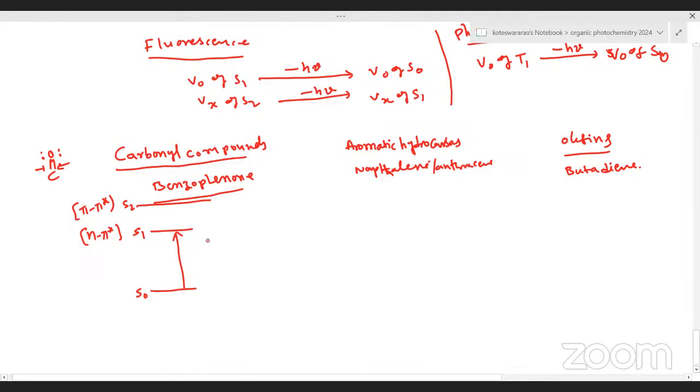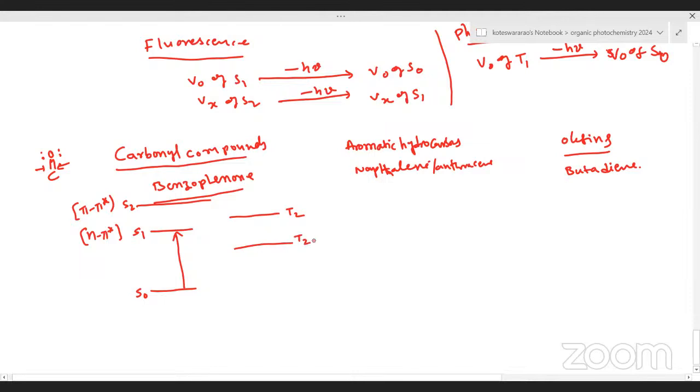Then there are the corresponding triplet states. Suppose S2 has one triplet state nearer to it, that is T2, somewhat higher in energy than S1, and S1 has some triplet state.